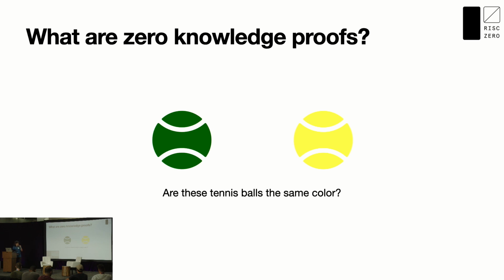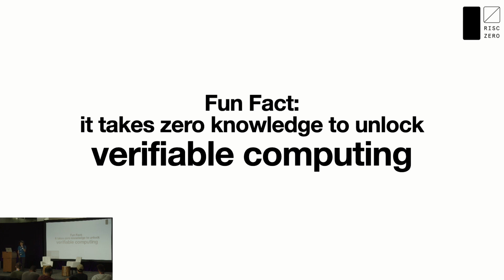So that is a quick rundown of what a zero-knowledge proof is, but why does it matter? Well, fun fact is that it takes zero-knowledge proofs to unlock verifiable computing. And in the past few years, this has been a very, very hot topic. And so there has been a lot said about what zero-knowledge proofs and verifiable computing can do.